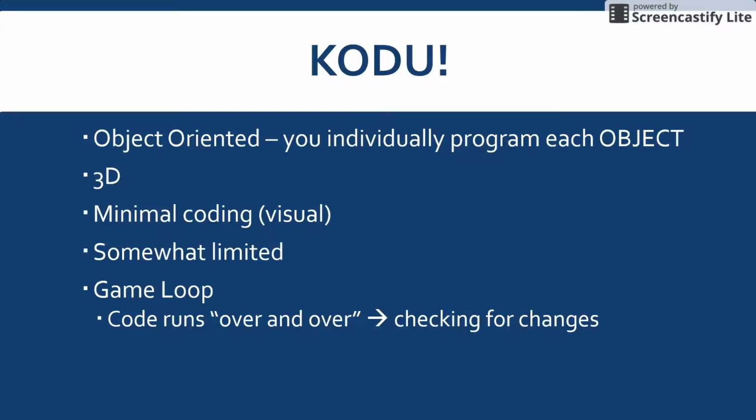And finally, Kodu runs on a game loop. And what that means is that the code essentially seems to rerun over and over. There is a built-in clock inside of Kodu where it will rerun the code every so often, and it's at a very, very quick speed. What it is doing is checking for changes in the game, and then your objects respond to those changes.